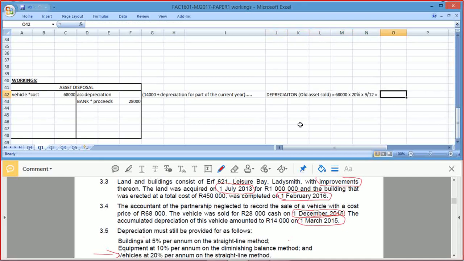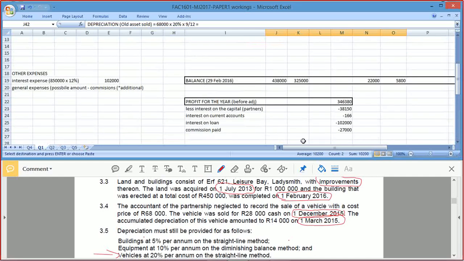Okay, see, I'm showing all workings. I have to. Right, so 68,000 times 20% times 9 over 12 gives me 10,200. Am I going to show 10,200 in the books of the business? Of course I will, because did you use the asset for part of the year? Yes, you did. So you have to show it. Great.